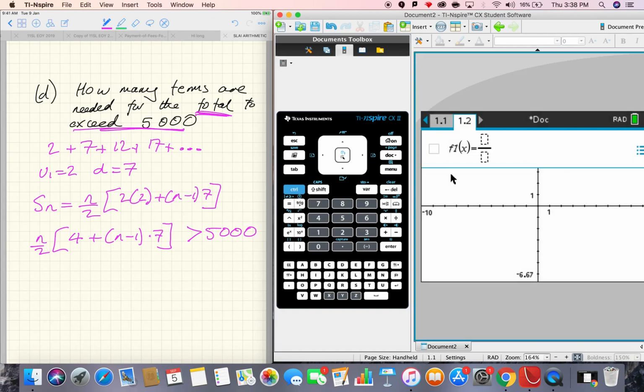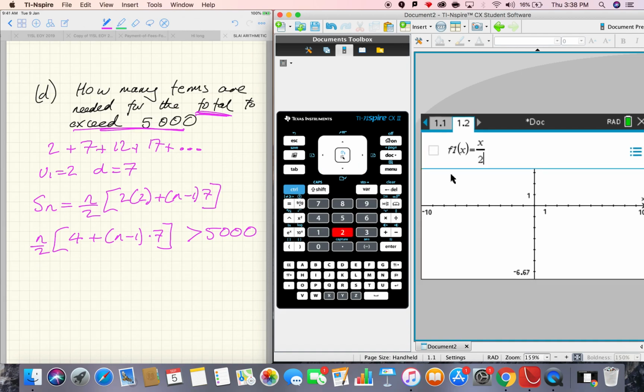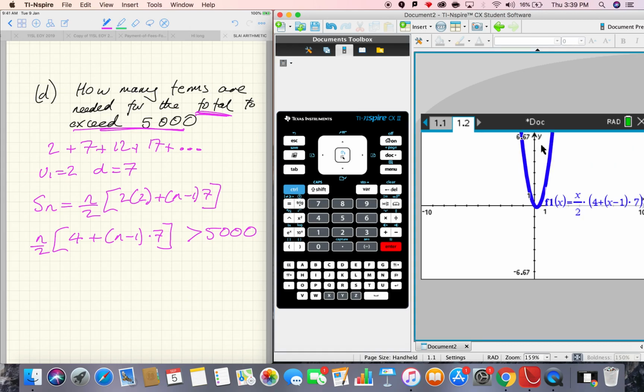Okay, so now x, down arrow over 2, and then side arrow, and that brings you to the entry line. Then open bracket, 4 plus open bracket x minus 1 close bracket, and then times by 7. So that'll be the graph.